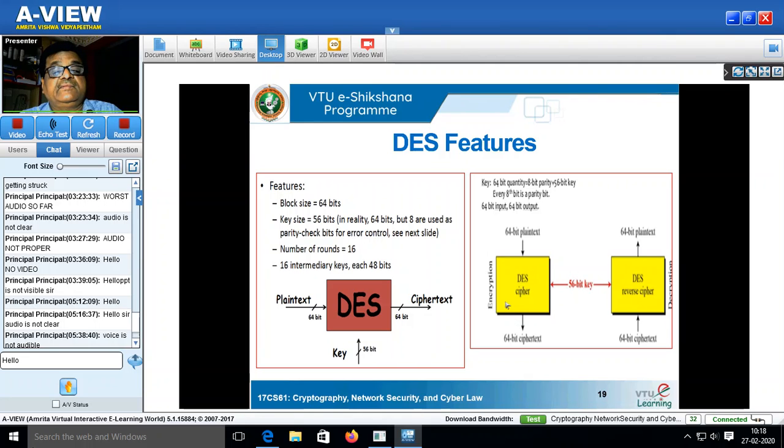Actually, 64 bits will be there, but 8 are used as parity check bits for error control.